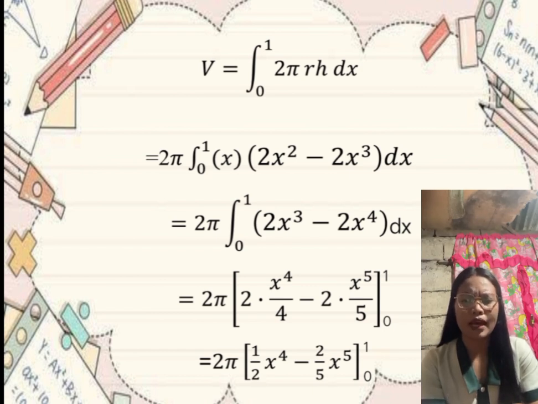So by applying this rule to 2x raised to 3 minus 2x raised to 4, it will become 2 times x raised to 4 over 4 minus 2 times x raised to 5 over 5. So by simplifying, we can get 2 pi times 1/2 x raised to 4 minus 2/5 x raised to 5, which is evaluated from 0 to 1.